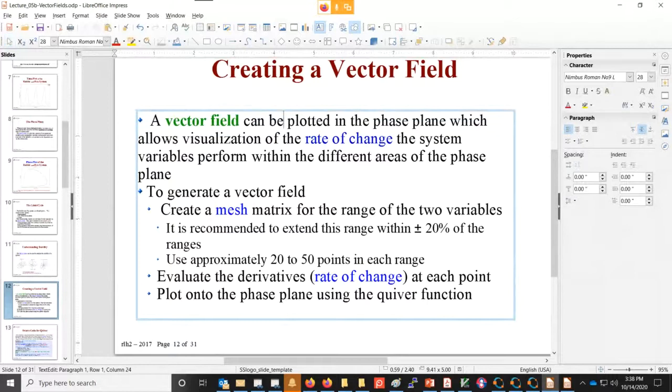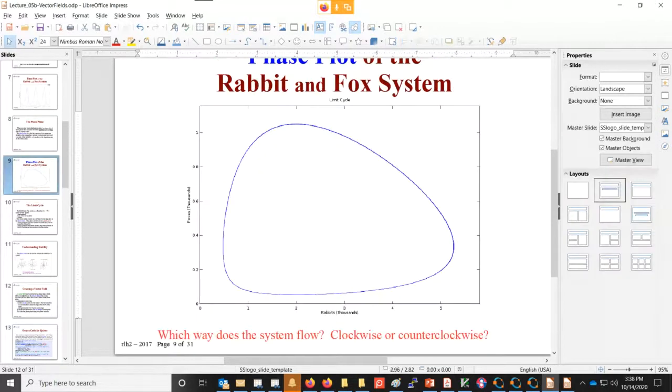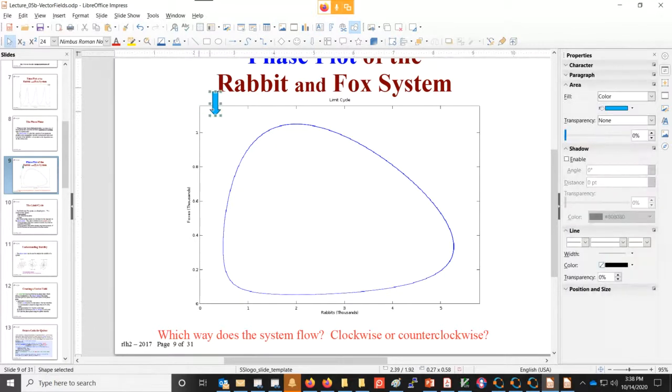Now remember that derivatives give you the rate of change. And so basically what we want to do is, when we look at this plot, I want to take the derivative at this point right here.